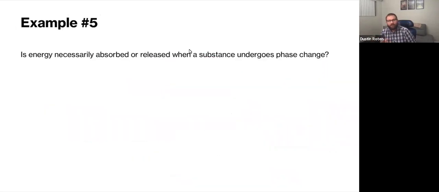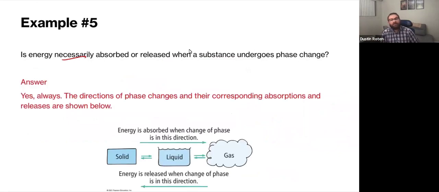Let's look at this quick example. Is energy necessarily absorbed or released when a substance undergoes a phase change? Keyword on necessarily. Does that mean we always have to have an energy exchange if we go from a solid to a liquid, or a liquid to a gas, or a gas to a liquid, or a liquid to a solid? And the answer is absolutely yes, always.